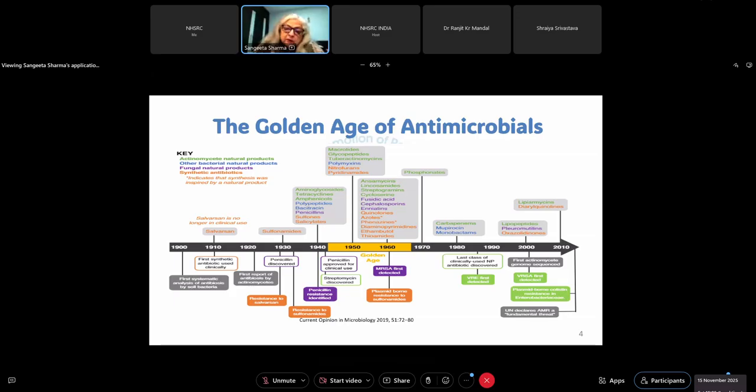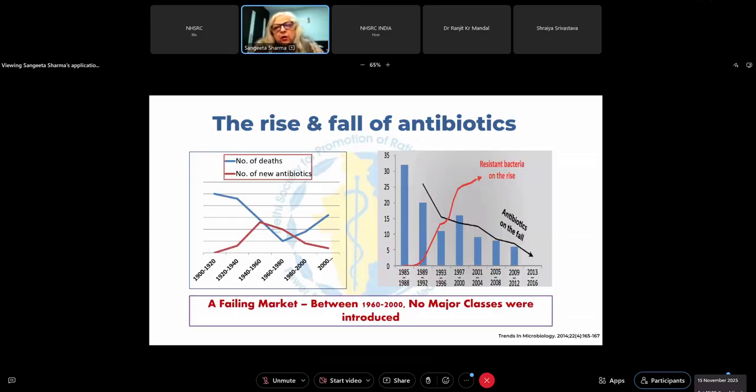But something alongside the discovery of these new classes has happened that is worrying us. Of course, the number of deaths due to infectious diseases declined significantly after these antibiotics. But of late, the number of deaths due to infectious diseases is rising.